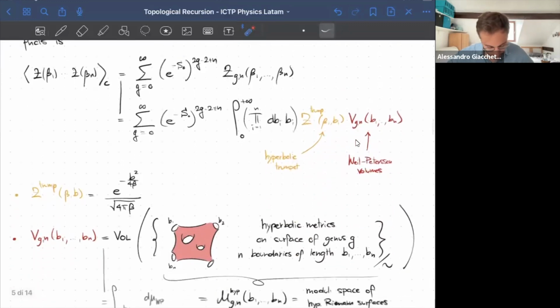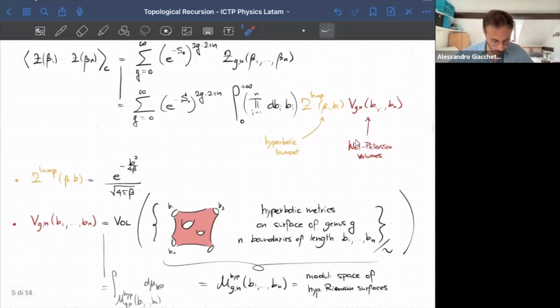So what are these two? The hyperbolic trumpet is not so important. It's a very explicit factor, which doesn't matter that much. The important part is this V_{g,n}. These are known as the Weil-Petersson volumes, and they are the volumes of a certain moduli space.